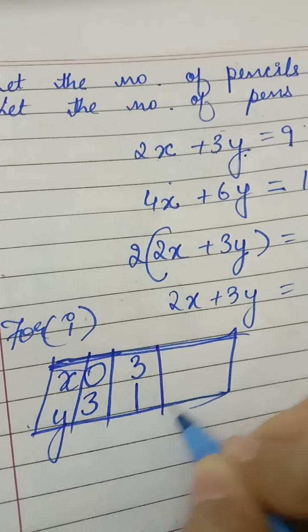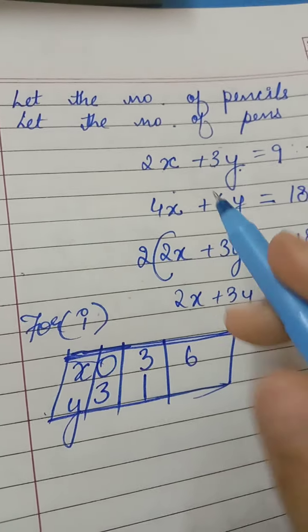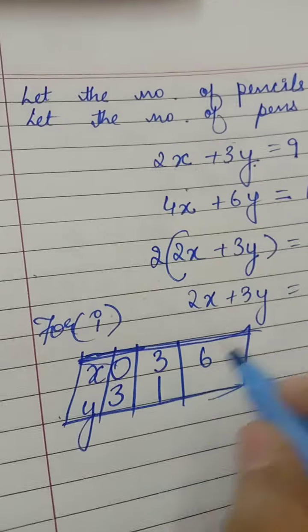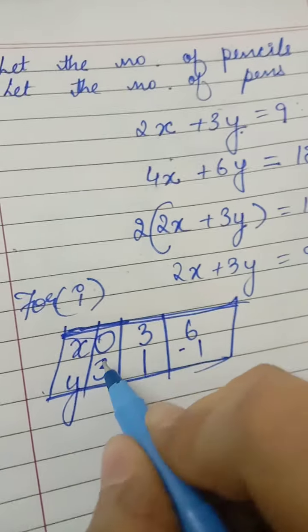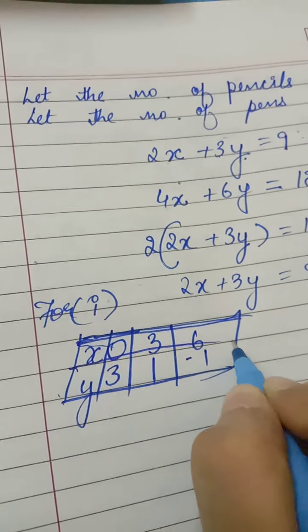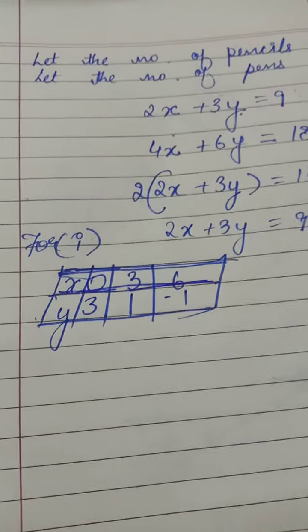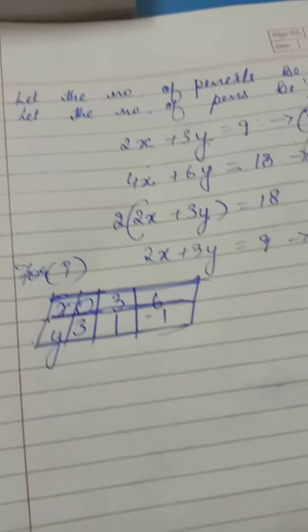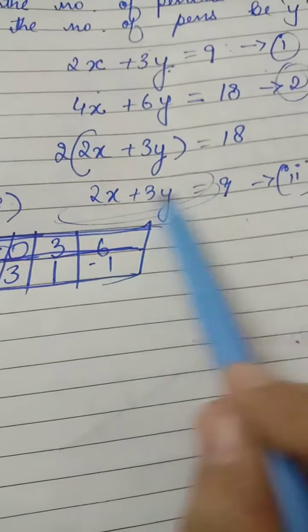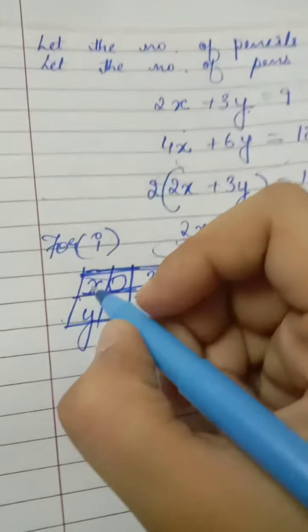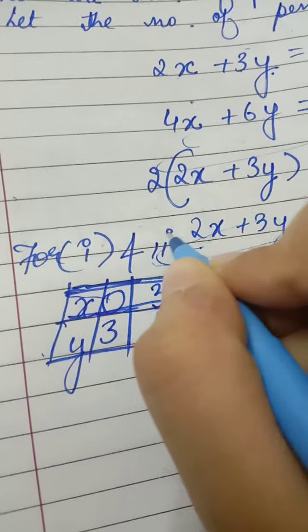If we keep x as 6, 2 sixes are 12, 9 minus 12 will be minus 3, so we'll be getting minus 1. Okay, sorry, this is our minus 1. This equation will be having the same solutions, so I'll not be finding the solutions for the second one. We have this for the first and the second one both.